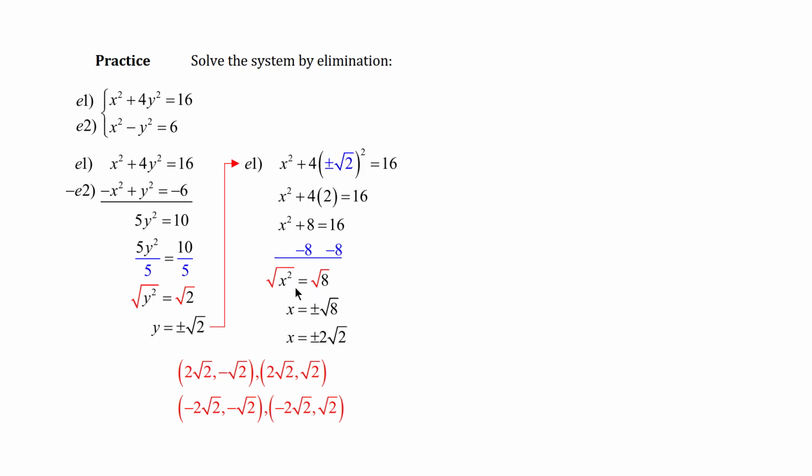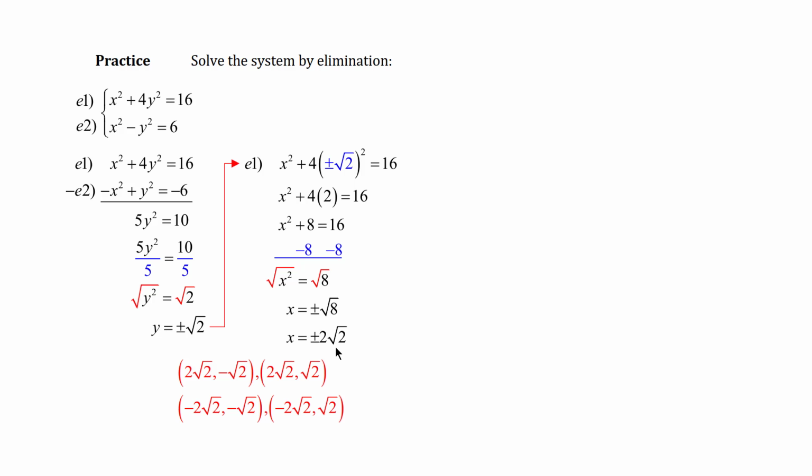Next, we get rid of the square by taking the square root of both sides. The result is x equals plus or minus square root of 8. We could rewrite the square root of 8 as 2 root 2. So the final result is x equals plus or minus 2 root 2. This results in 4 different solutions.